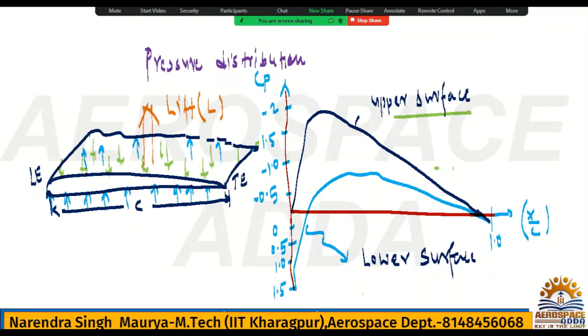So if you ask how to find the lift coefficient from this Cp, again there is a very big derivation. I'm not going into that because if we go, it will take so much time. In short, I just want to tell you that over the surface of the wing, again I'll tell you, there is normal force and axial force, just like over the airfoil where I explained normal force and axial force.